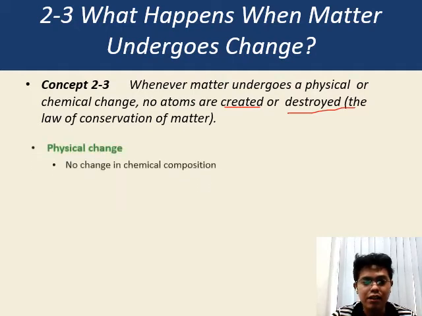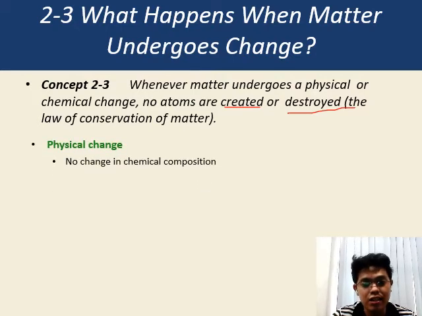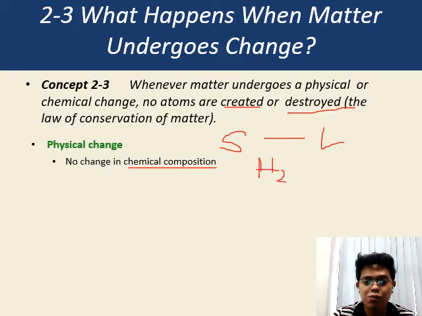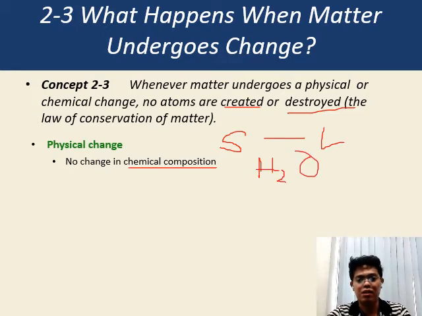For example, in a physical change, there is no change in chemical composition. An example of that is the melting of ice. From its solid state, the ice melts into its liquid form, and the chemical composition is still the same, H2O.